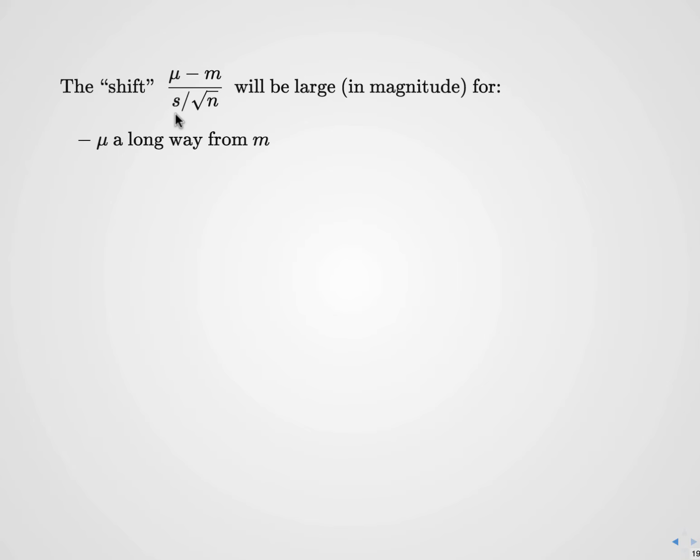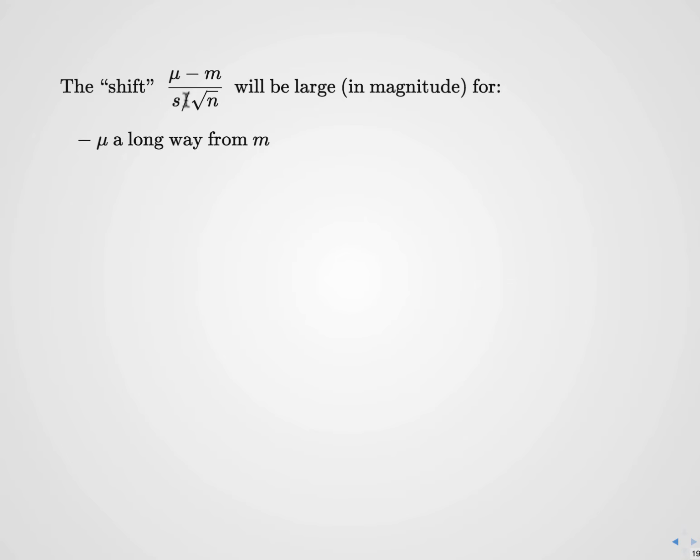Take a look at what would influence how big that shift might be. That shift contains a few terms, and it's quite interpretable. The magnitude of this shift will be large if mu is a long way from m. If mu and m are very different, then that will tend to make this number bigger. Whether that's positive or negative is not really the point here.